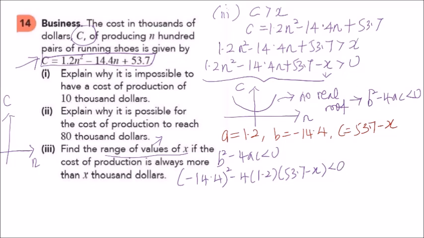We can use a calculator to work it out. 4 times 1.2 is 4.8.